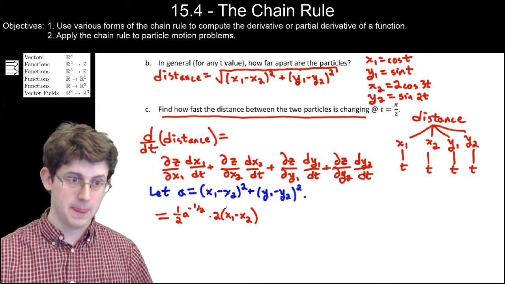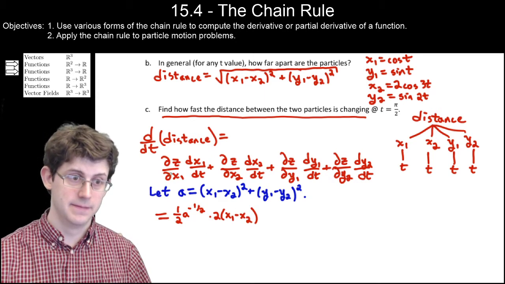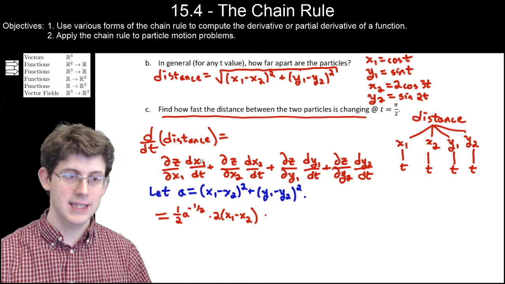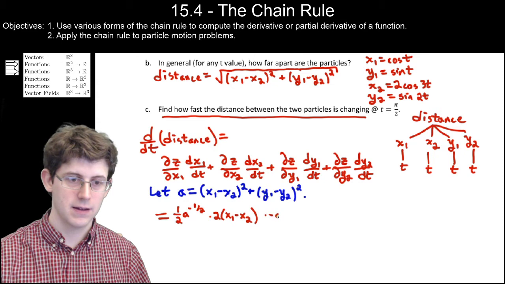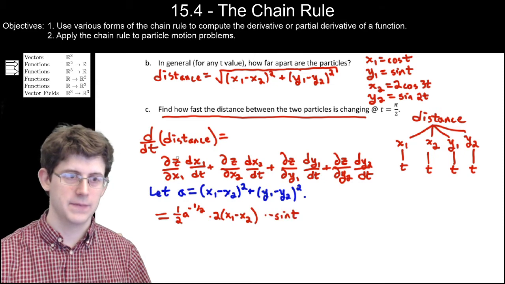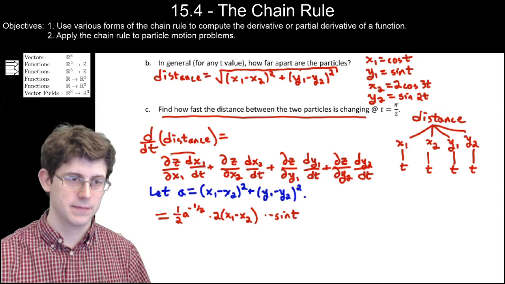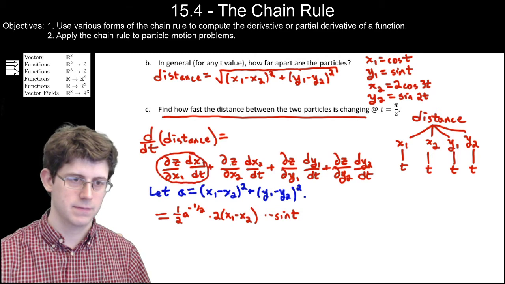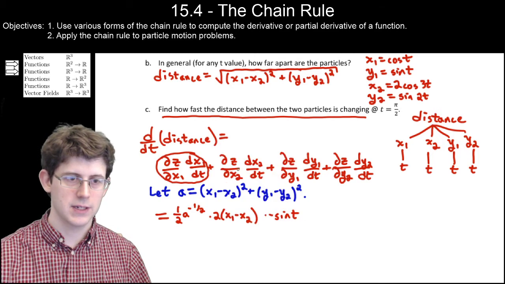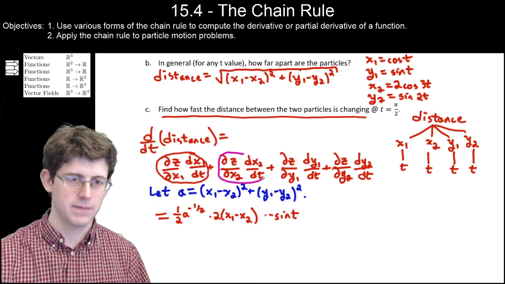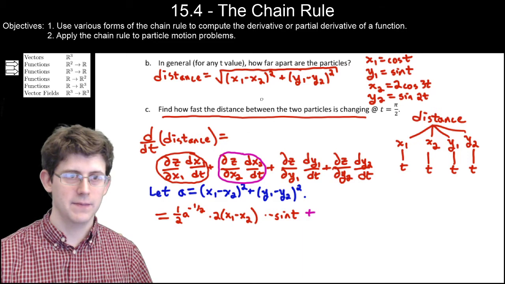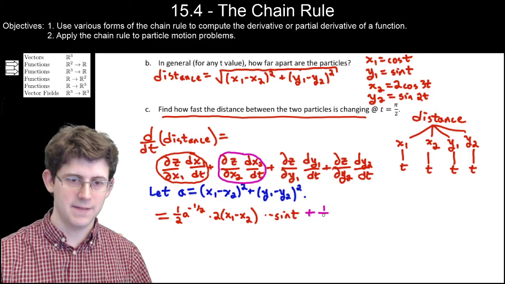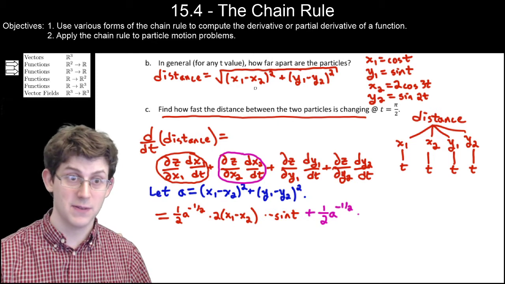So this part is partial z partial x1. Now I need dx1 dt. Well, dx1 dt is minus sine t. That's our first term. Now let's do a second term. Partial z partial x2. Well, same deal. It's going to have half a to the minus a half, but then multiplied by the derivative of the inside.